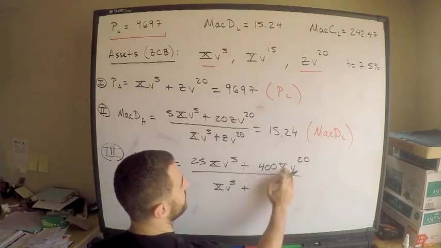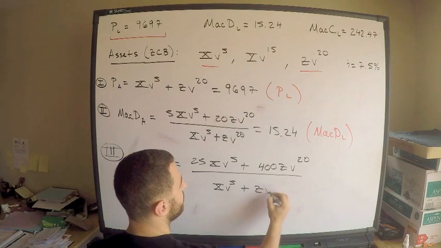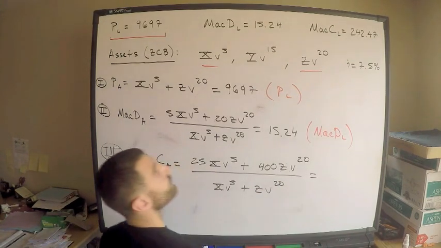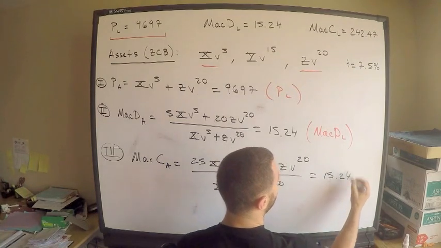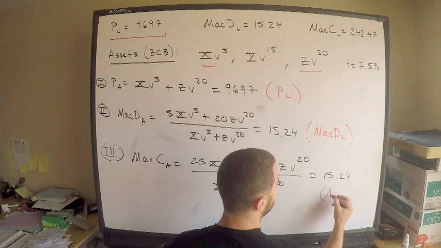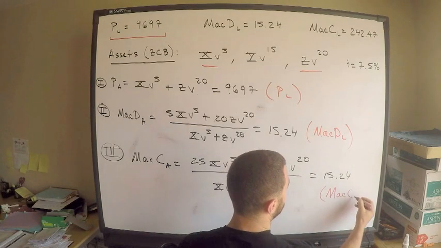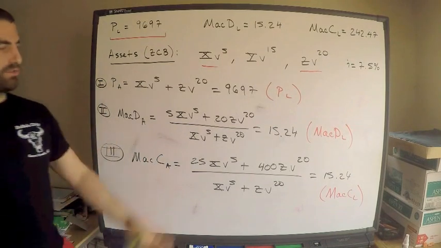This is a z. This is a z v to the 20. That equals the Macaulay convexity of the liabilities, 15.24. These are the situations to deal with.